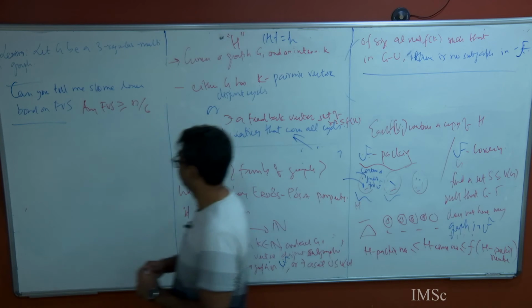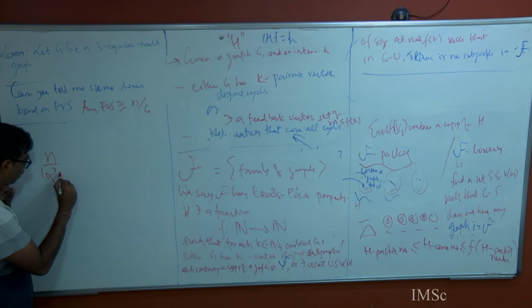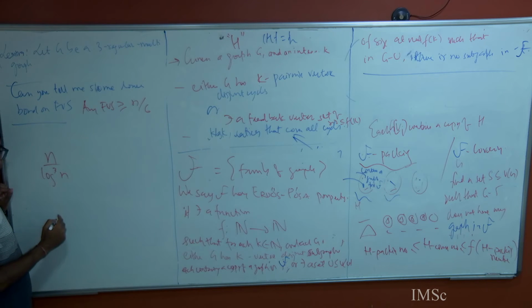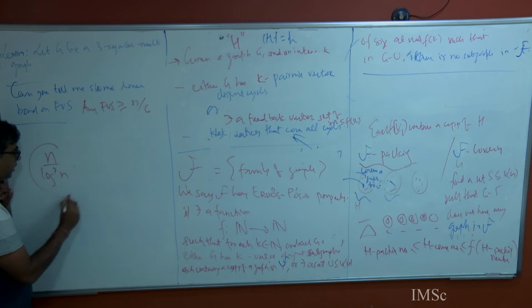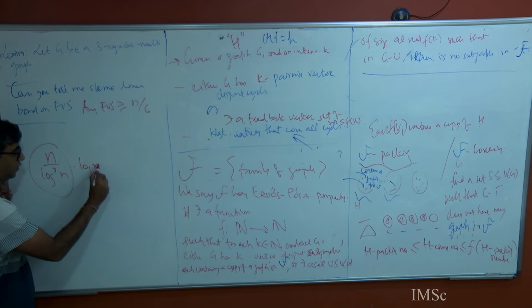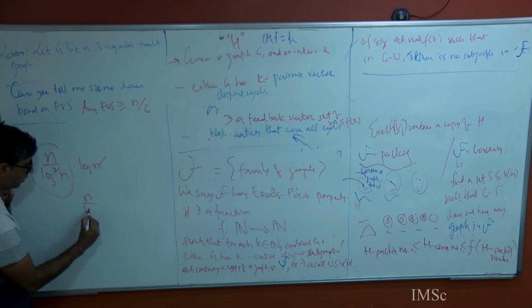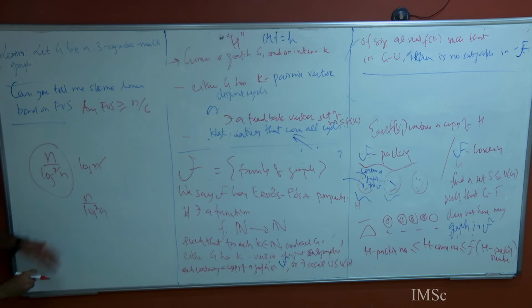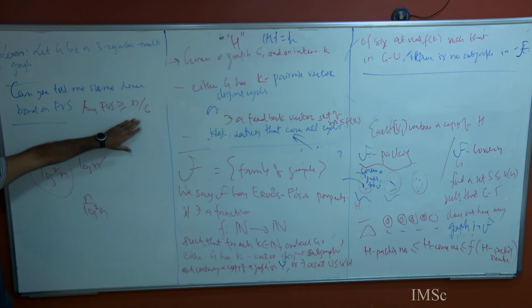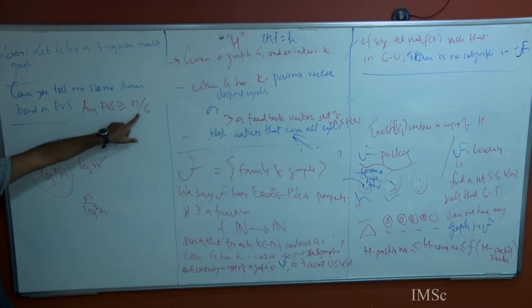For example, if I say this graph contains n over log cube n cycles, then if there exists any 3 regular graph containing this many, what does this imply? It implies that it has a feedback vertex set of size n divided by log square n. But I know every 3 regular graph has, look, I am talking asymptotics, not exact numbers, this n by log square n is much smaller compared to this.